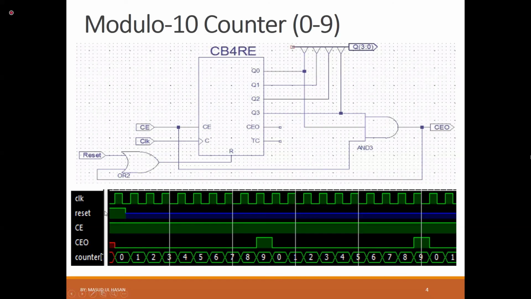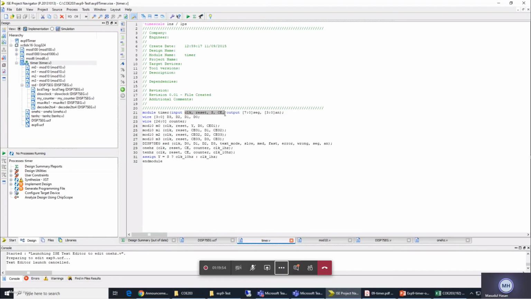In your own UCF file, you have what? You have clock, you have reset, you have S, the select line for the multiplexer, and CE, circuit enable. And these two are already in the 7-segment UCF file, seg and node. You don't have to worry about this. You have to worry about these four things only.